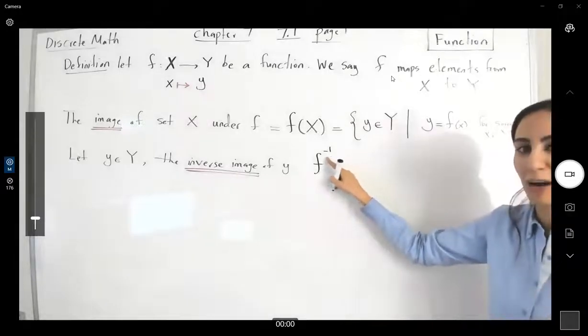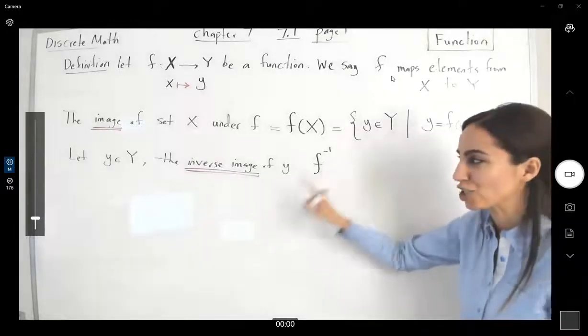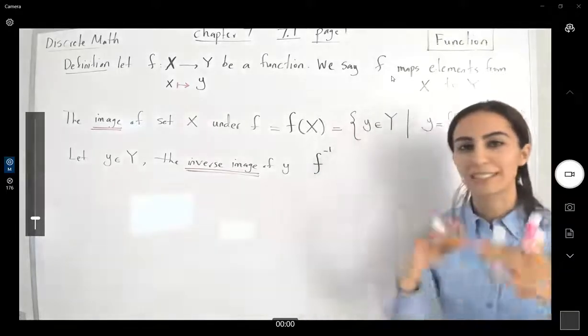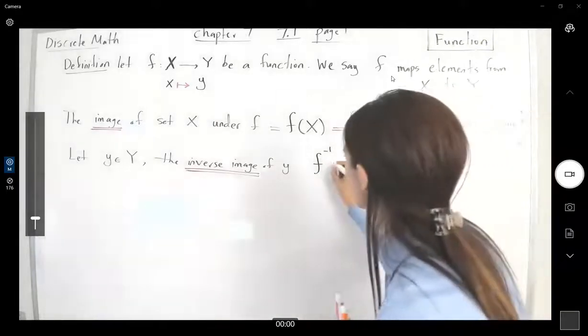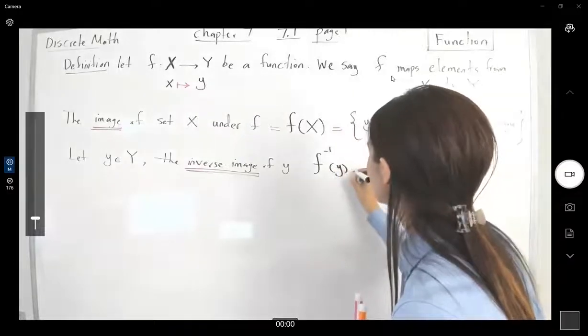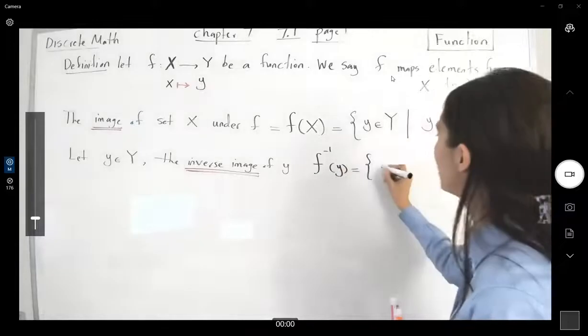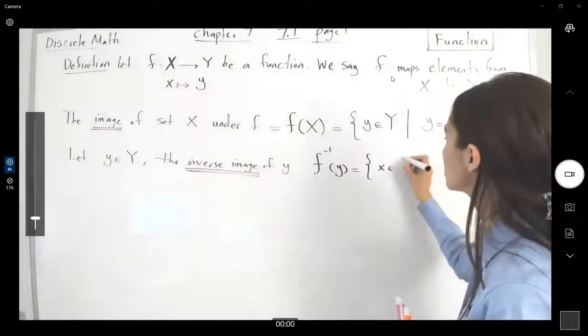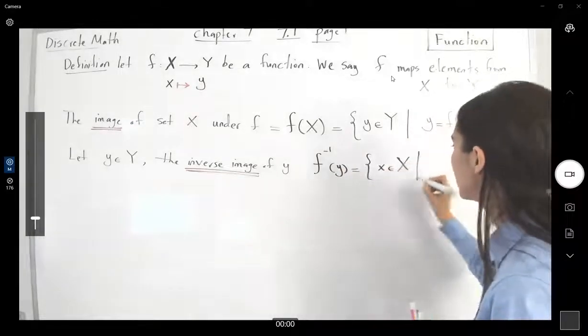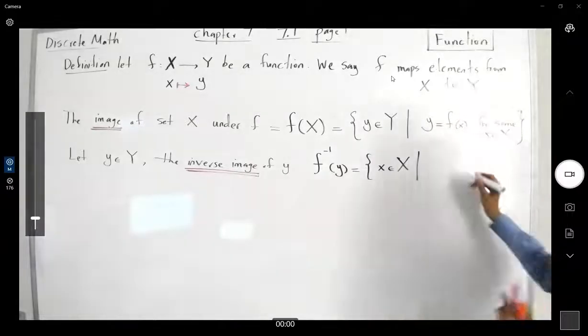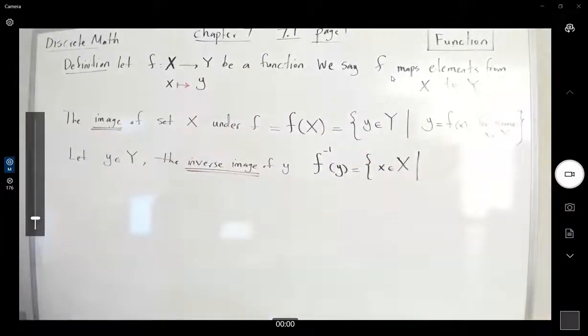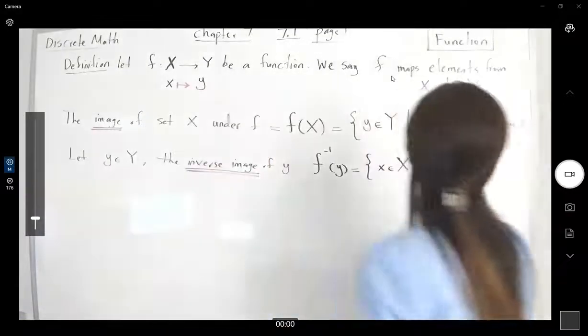We're just talking about the inverse image. So the terminology that we're using is inverse image. The inverse image of y is equal to the set of all x values in the first set such that f(x) is equal to y.